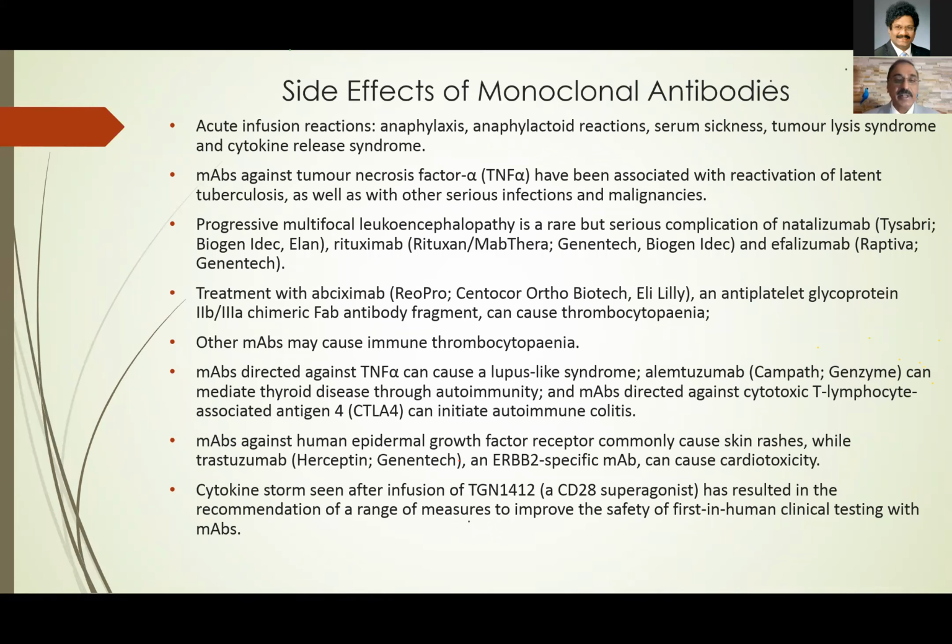Monoclonal antibody directed against TNF alpha also causes lupus-like syndrome, which we talked about, by forming immune complexes, which attach to various tissues like the thyroid, which can cause autoimmune thyroiditis, autoimmune colitis, etc.